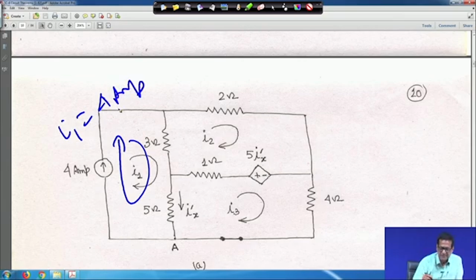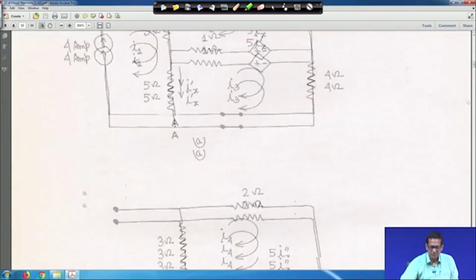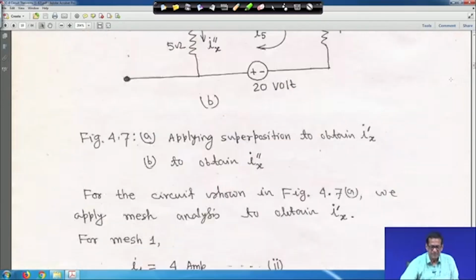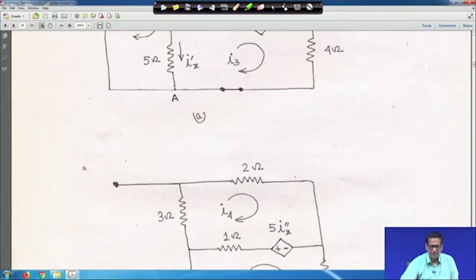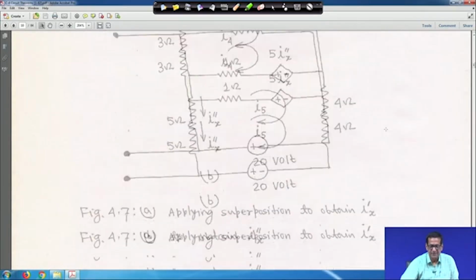The rest you can easily solve by applying KVL and KCL at the node I told you, and accordingly you can solve the circuit. All these things are given, so this is circuit 4.7a and this is circuit 4.7b.